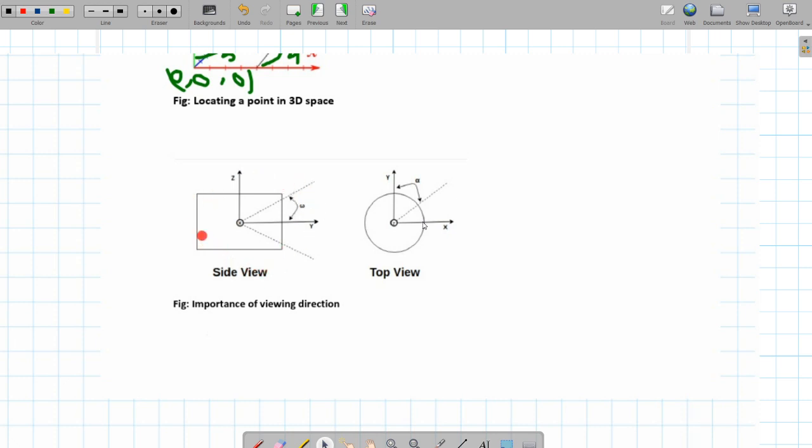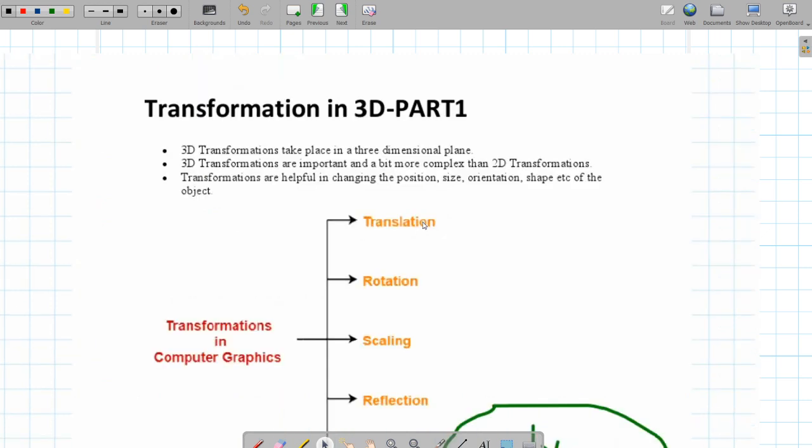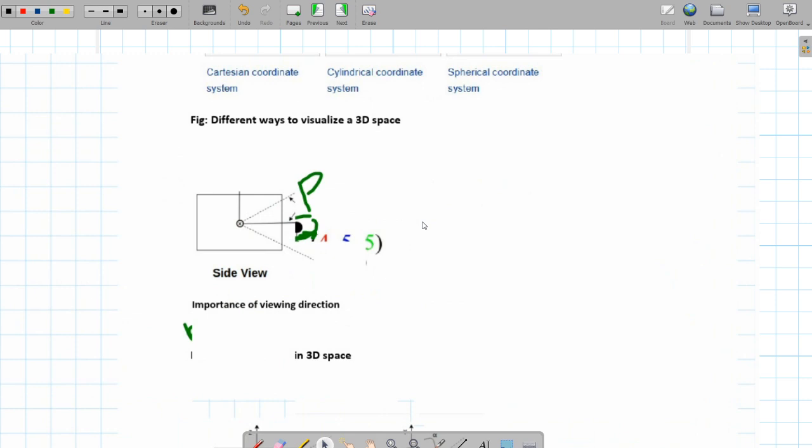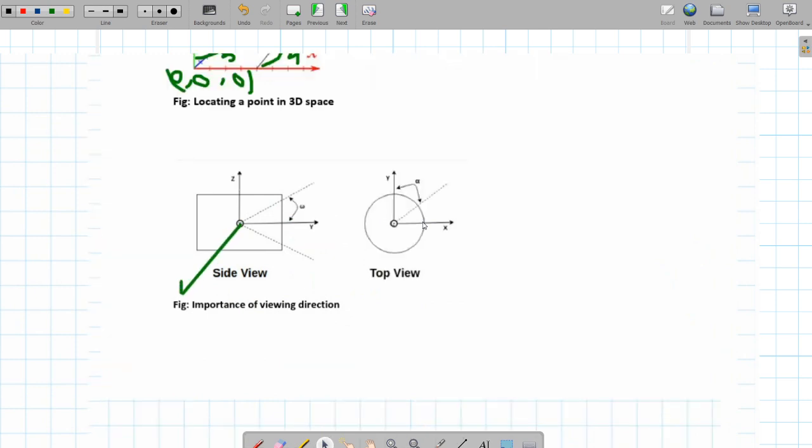So if xy plane represents your horizontal space, like this diagram, no, not like this diagram. In this diagram, xz was the horizontal space, and in this example, your horizontal space was defined in terms of xy plane, and yz plane represents the vertical plane. So if you get the side view of this 3D space, you will not be able to see the x-axis.